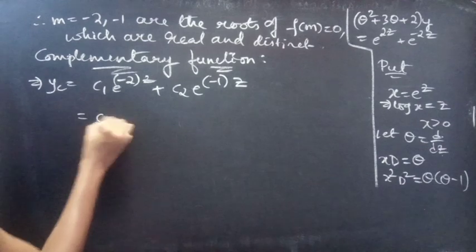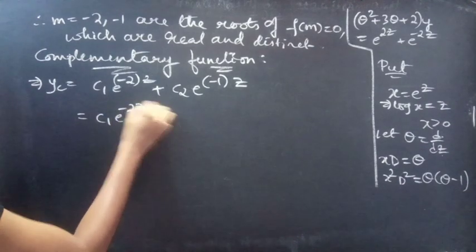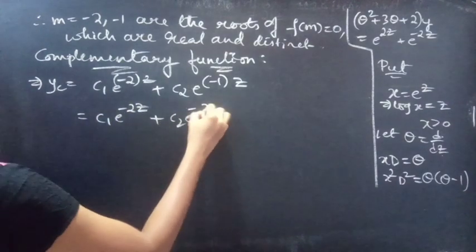This becomes c1 e power minus 2z plus c2 e power minus z.